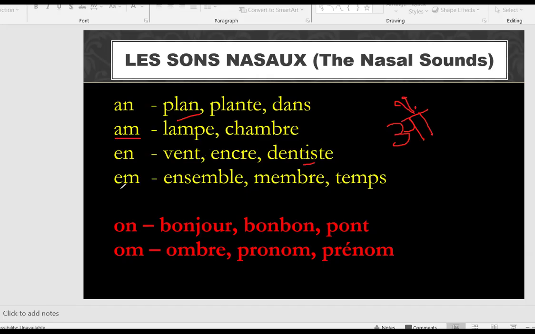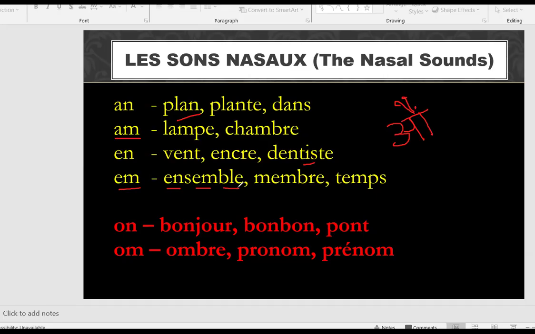Then EM. The sound is again the nasal O. Then ensemble. There are two sounds actually. When there is a long word, you break it into two or three parts: en-semble.